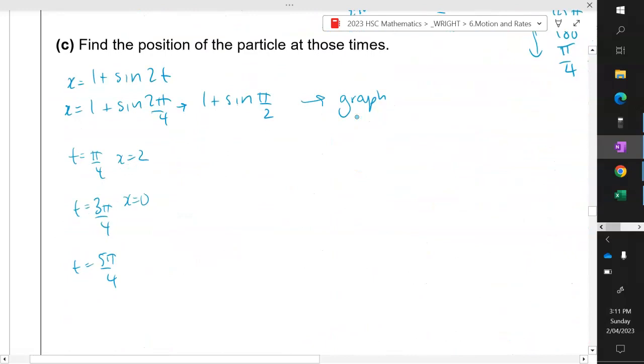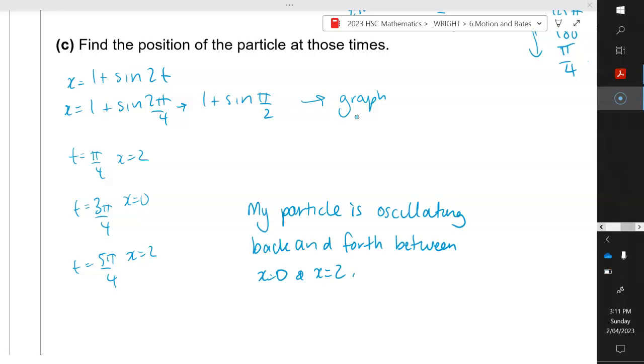So what that tells us, if I keep going and pop my next value for time in there, I'm going to get a 0, and then I'm going to get a 2 in that case. So my particle is moving back and forwards between 0 and 2. My particle is oscillating back and forth between x equals 0 and x is equal to 2.